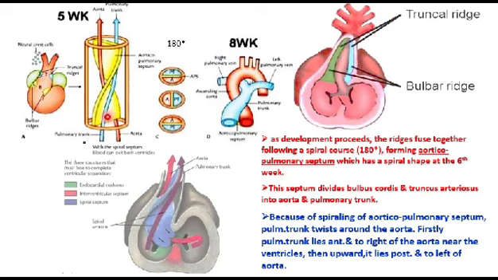Because of the spiraling of the septum, we can see the spiraling of the pulmonary trunk and the aorta over each other.